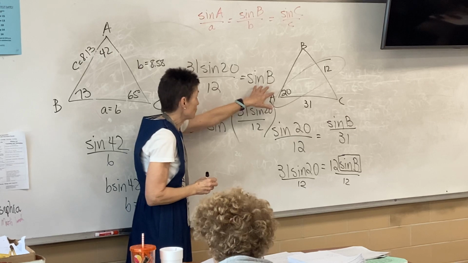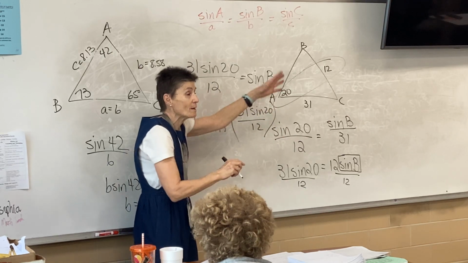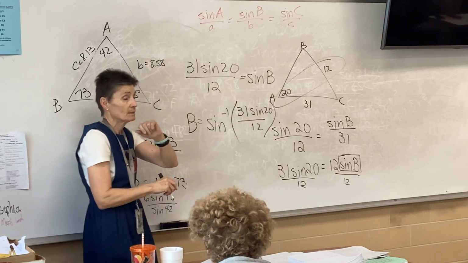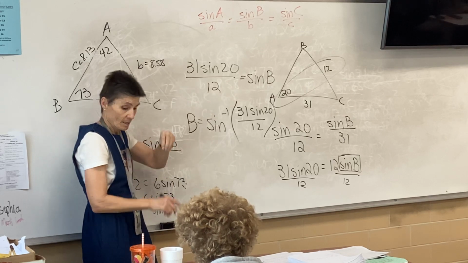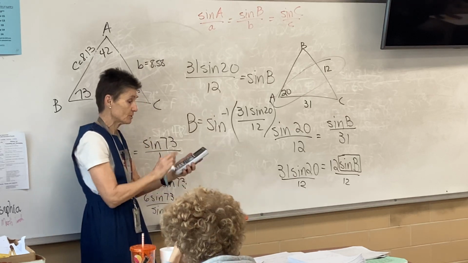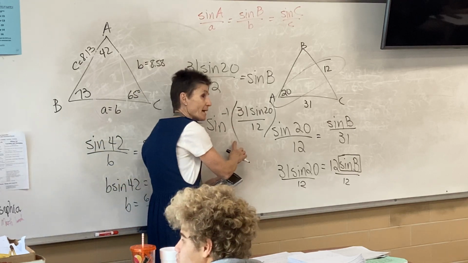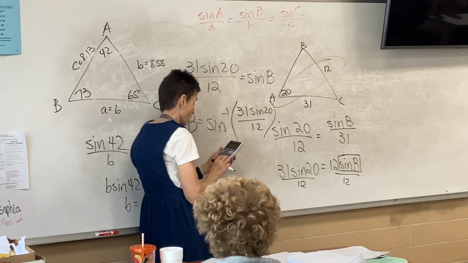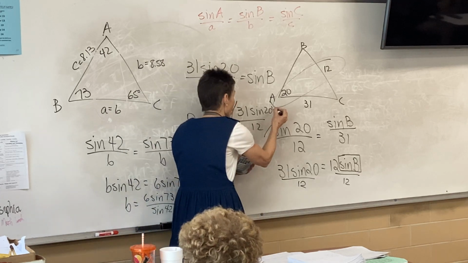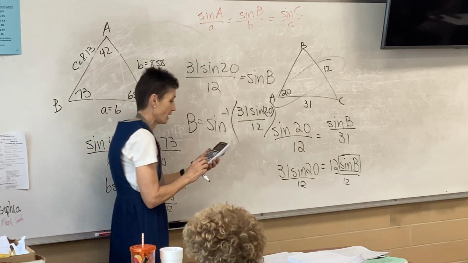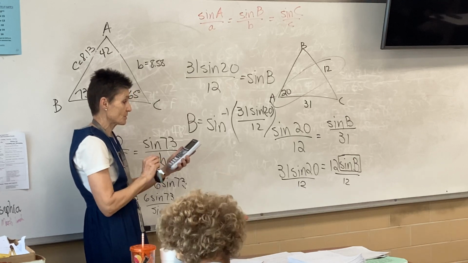So if you are solving for an angle, if your variable is the angle, we have to second sine, and it'll always be second sine in law of sines. All right, and we just type it in, don't panic. Second sine, these parentheses automatically come in. 31 sine 20, close the parentheses around the 20, divided by 12 equals.